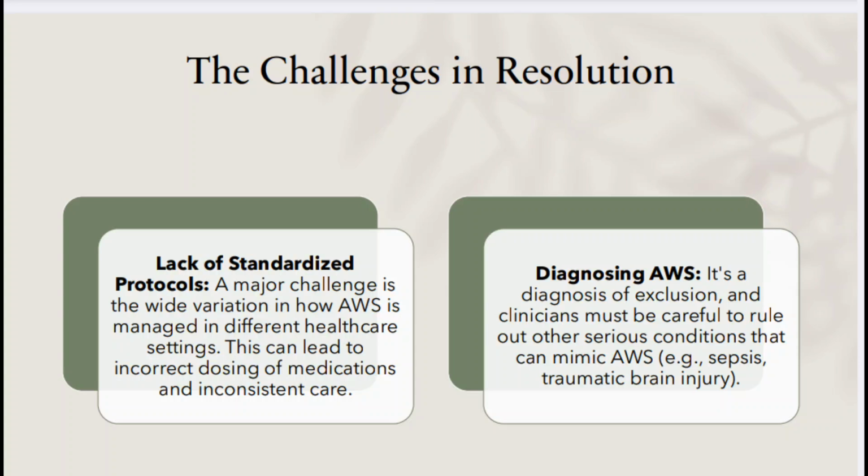Then, diagnosing AWS, that is alcohol withdrawal syndrome. It's a diagnosis of exclusion, and clinicians must be careful to rule out other serious conditions that can mimic alcohol withdrawal syndrome. Examples include sepsis and traumatic brain injury.